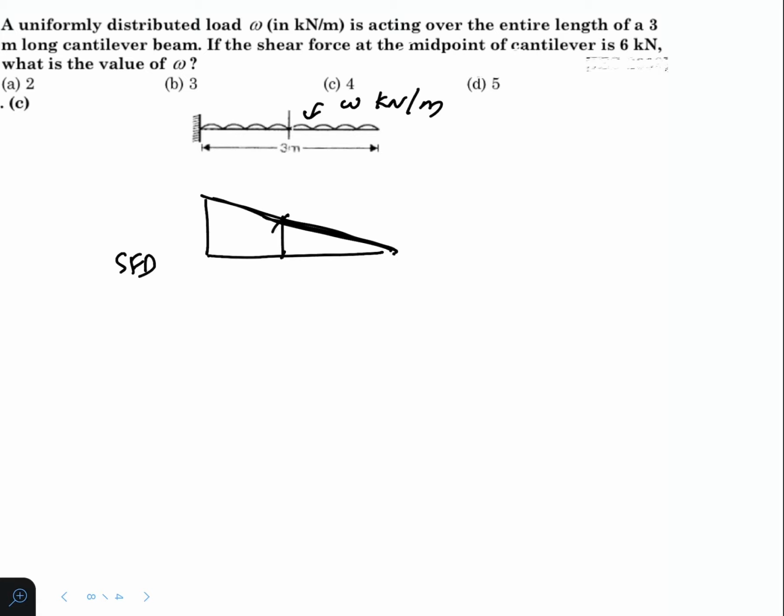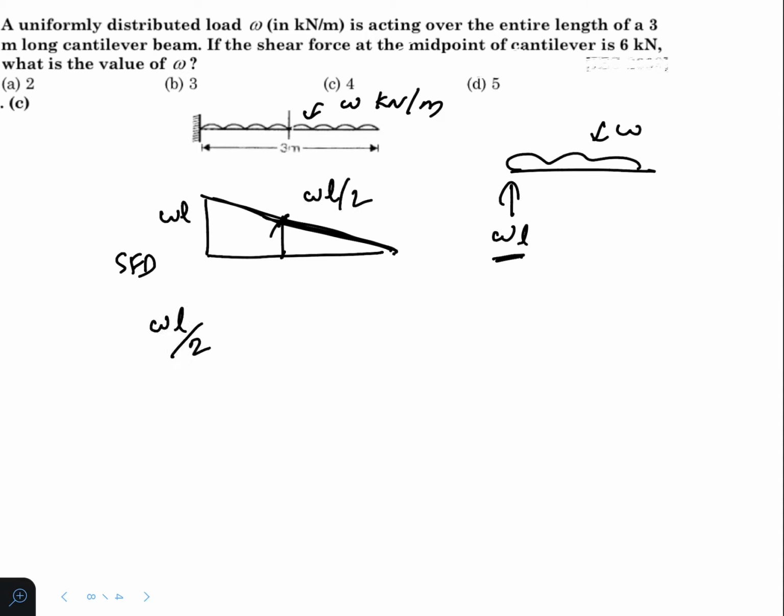So at the middle point, we know that if W is acting like this, we will have at support WL. So here it will be WL and here it will be WL by 2, because these are similar triangles. From similar triangles we can find. See, ABC and DEC are two similar triangles.